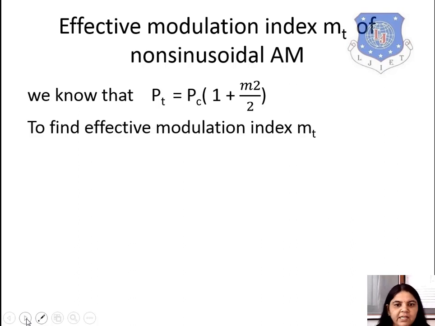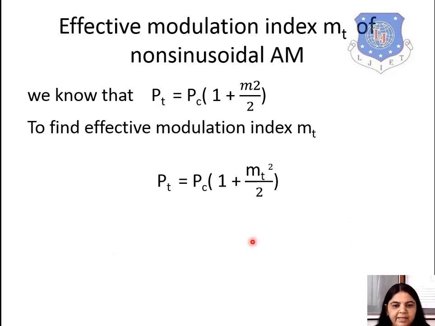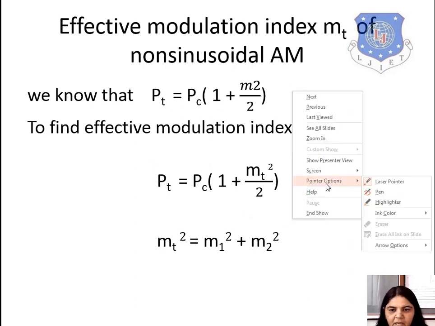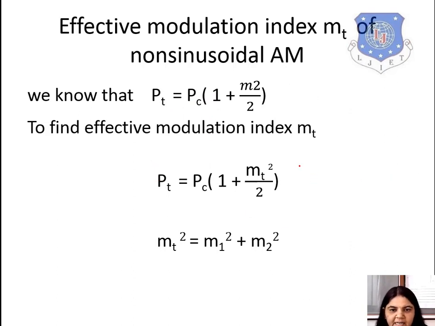So for the effective modulation index MT, over here instead of a small m, I am putting MT. So it is PC in bracket 1 plus MT square by 2. Now we are comparing this equation with this. Both the PT are the same.